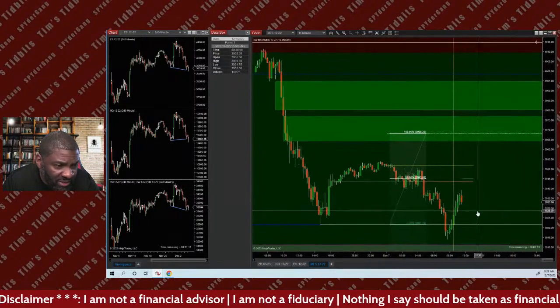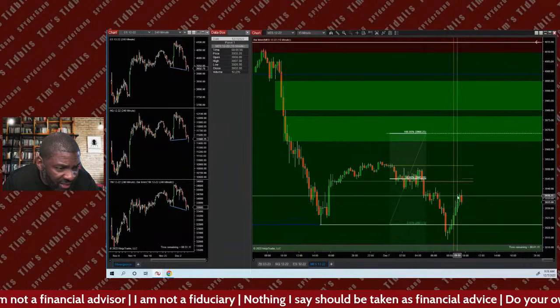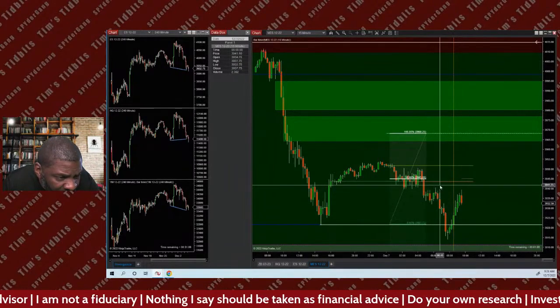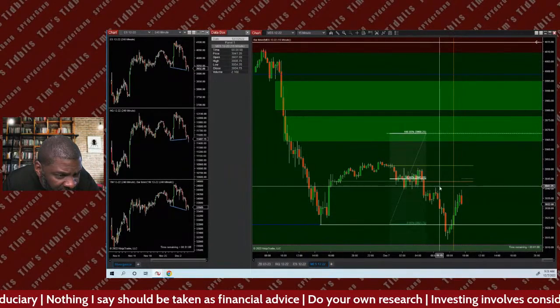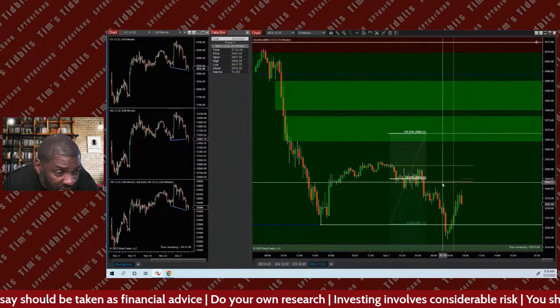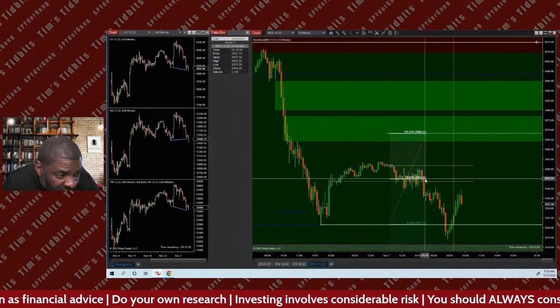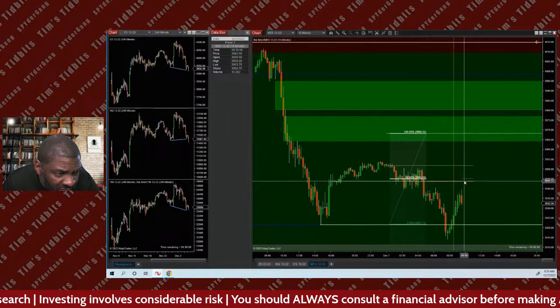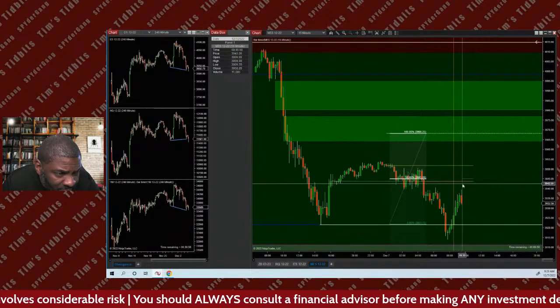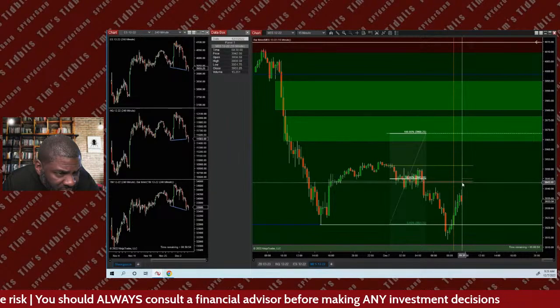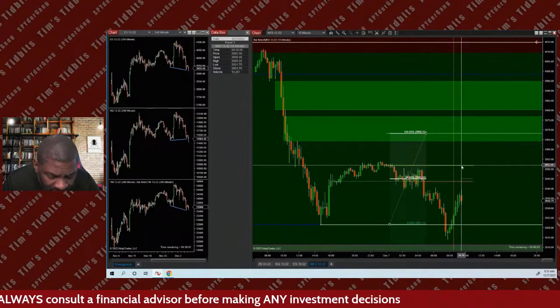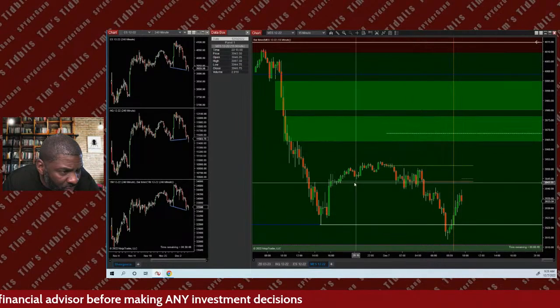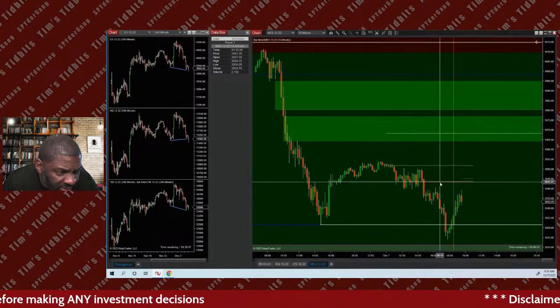So I'll be watching this area to see if some buyers try to come in, especially if we get a breaking market structure with a closure above, like at this 15-minute fair value gap, up here at the London Open. The London Open and the New York close yesterday were pretty much the same spot.